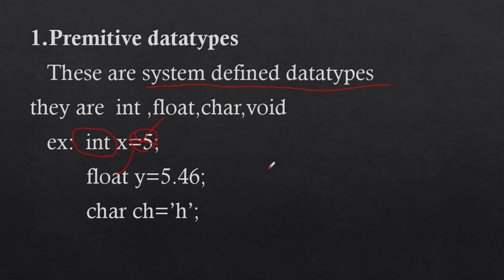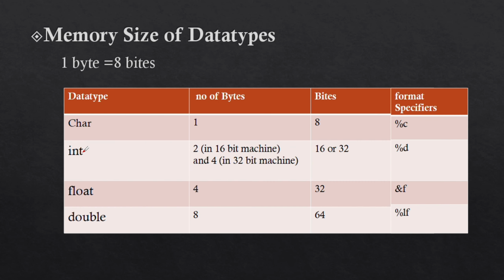Now my compiler will understand directly that they are giving me an integer data type, so it should give them a space for that. That space is considered to be the memory size of that data type.